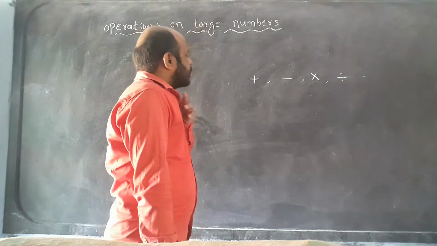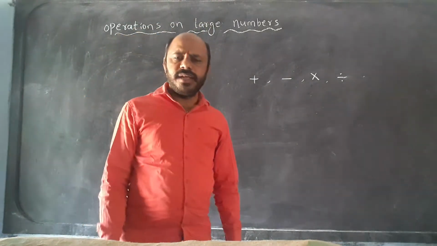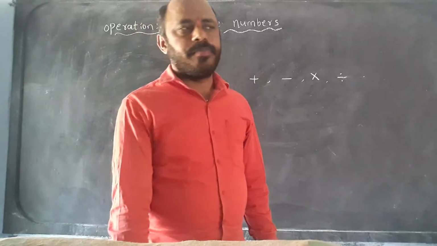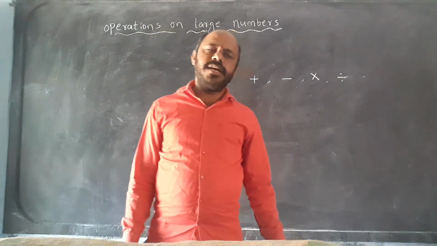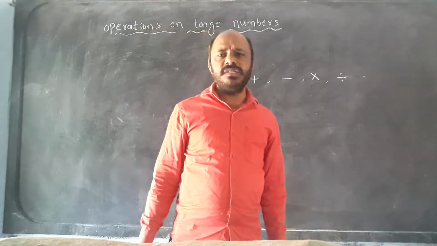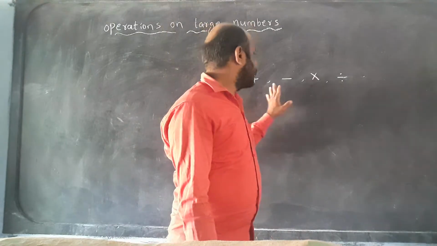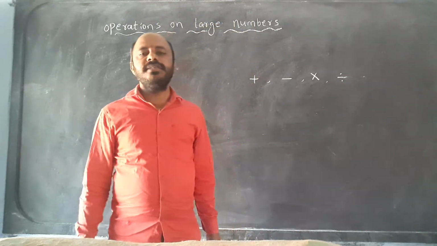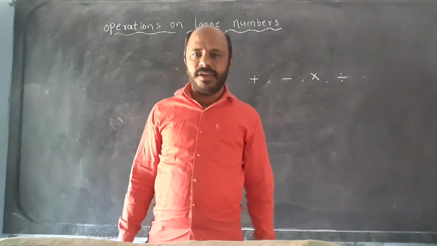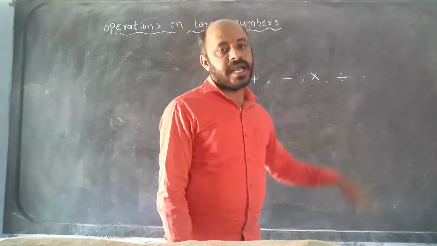The first operation symbol is addition. In our daily life, from the time we wake up in the morning until we sleep, every calculation depends only on these four operation symbols. Addition and subtraction are the most useful in daily life, then multiplication and division.